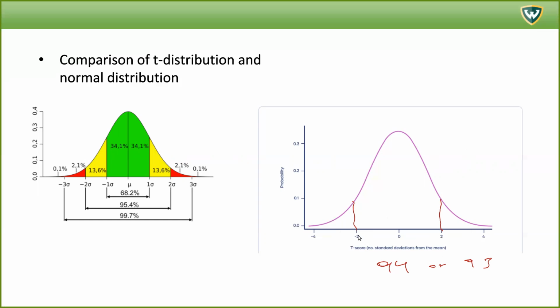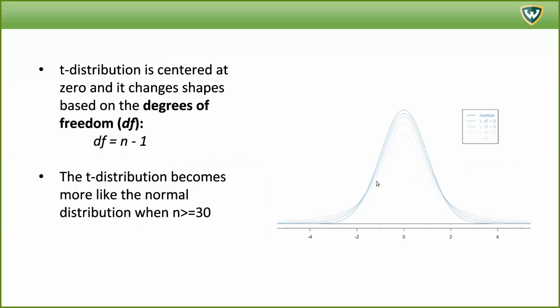But that's the kind of change that is happening on the t-distribution compared to the normal distribution. I hope this is kind of clear, and we will do more examples with the t-distribution. We can always just think about it as a kind of normal distribution that changes based on the degrees of freedom.